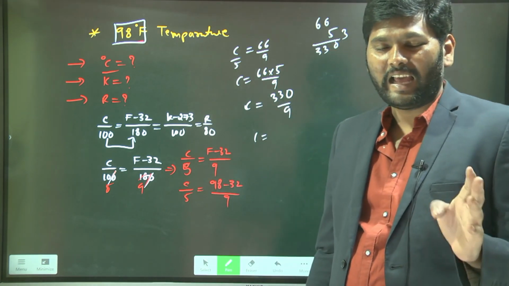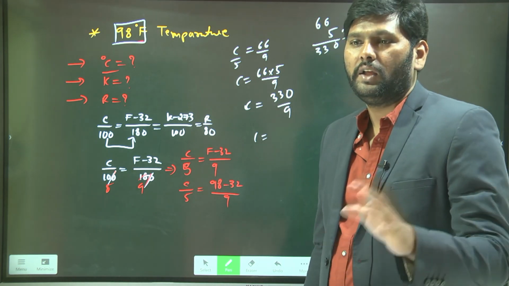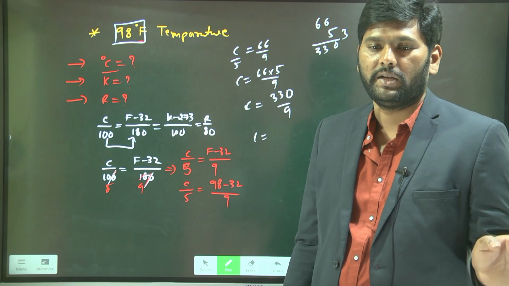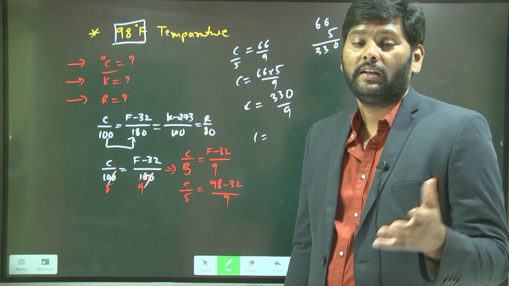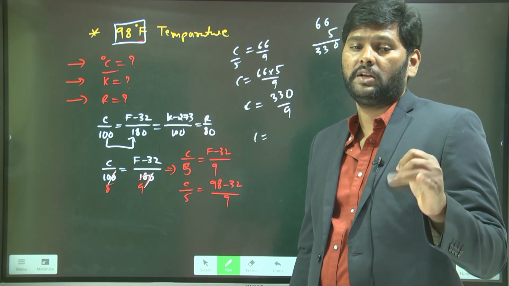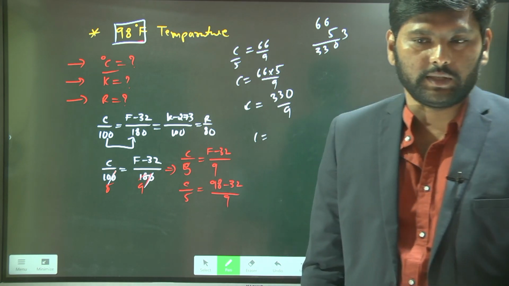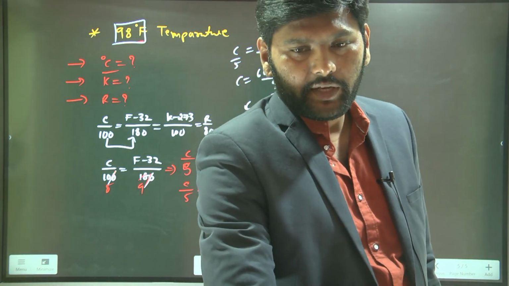Laboratory, clinical, and also the maximum-minimum thermometer. Not only that, we have the mercury thermometer, alcohol thermometer, gas thermometer, different types of thermometers based on the working principle. So we'll discuss. Okay, very good.